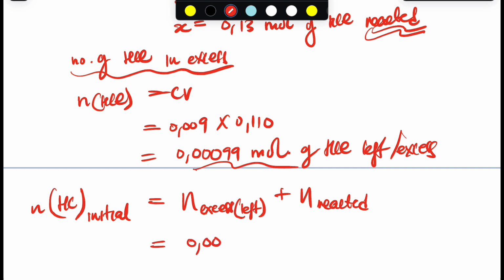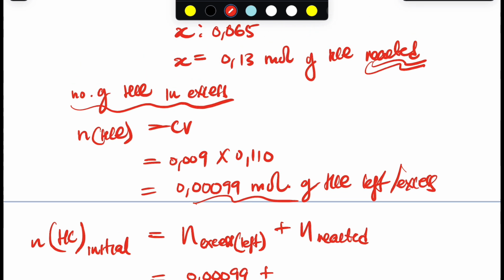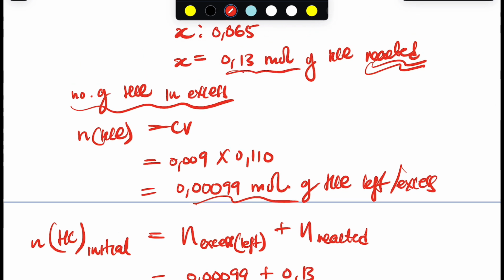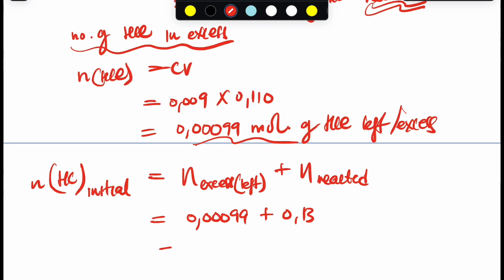It's 0.00099 plus, and the number of moles reacted is 0.13. So plus 0.13. The answer here is going to be, when you round off, 1.31 mole.